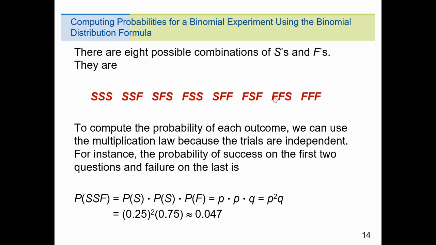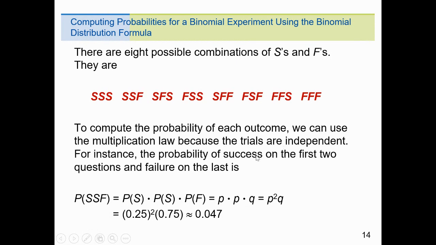Another way of thinking about it: the first question can either be a success or a failure, 2 outcomes. The second one could have 2 outcomes, and the third, 2. 2 times 2 times 2 is 8. That's why my sample space here is 8 items. To compute the probability of each outcome, we can use the multiplication law because the trials are independent.